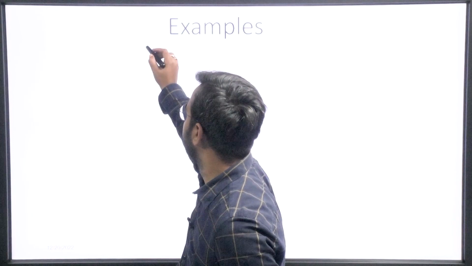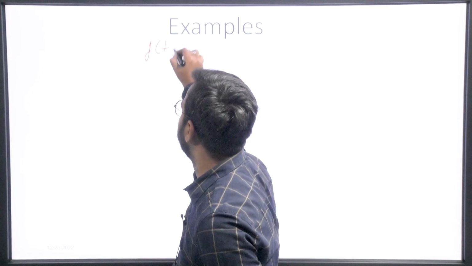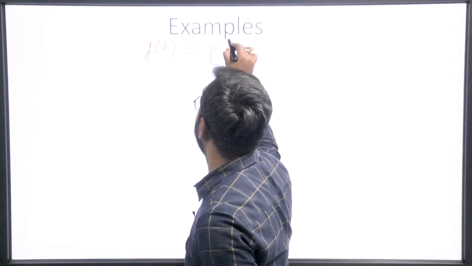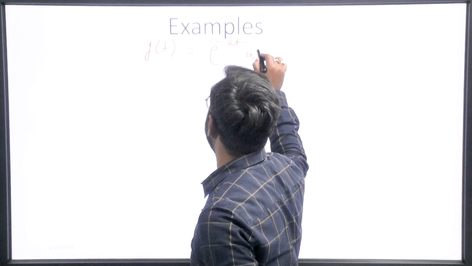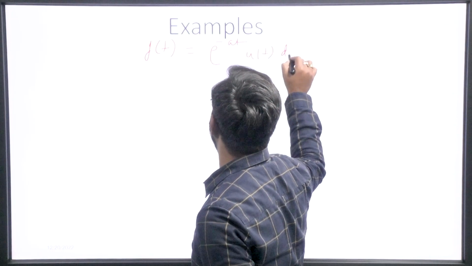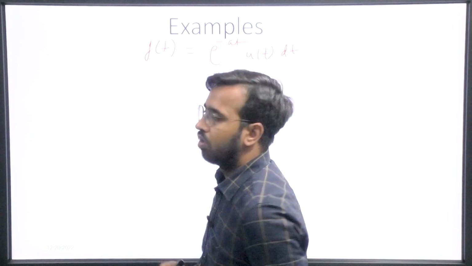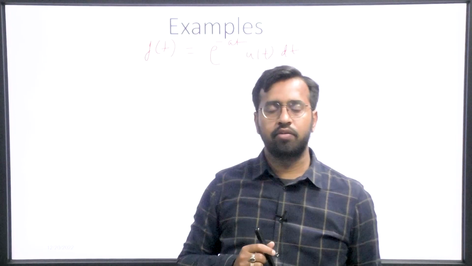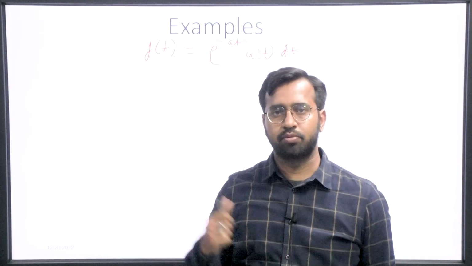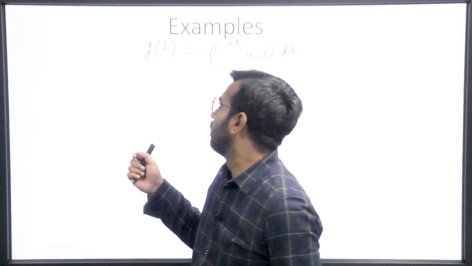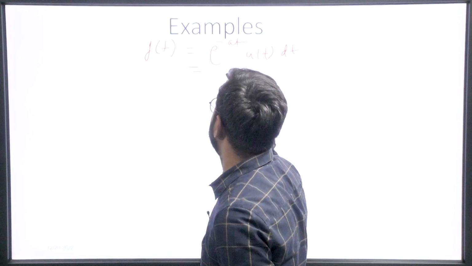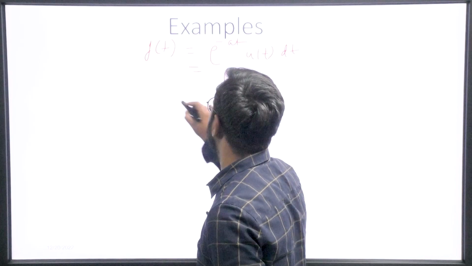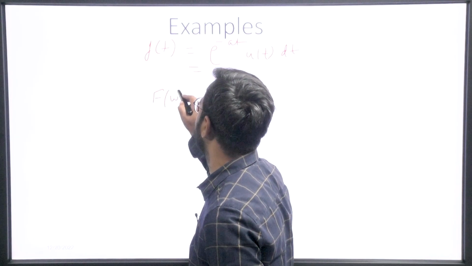Very often you will be required to find the Fourier transform of e to the power minus a t u(t), that is the exponential function. How do we get this? What is the Fourier transform?